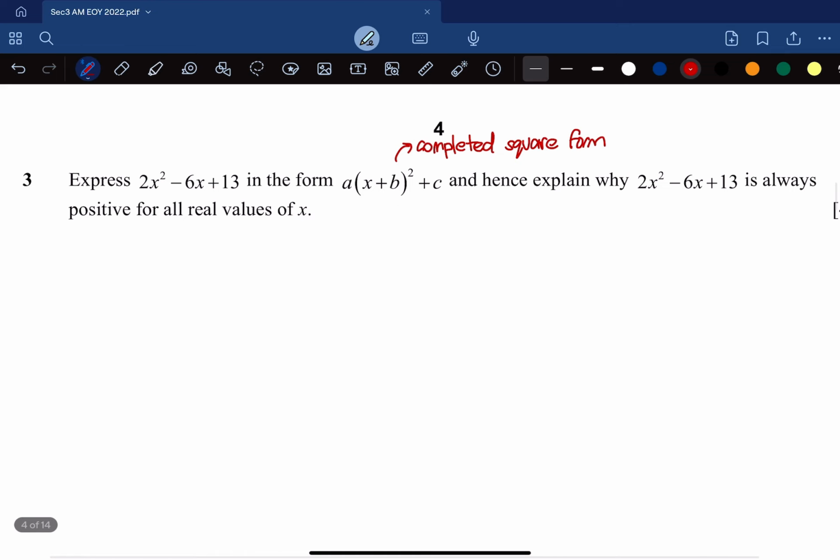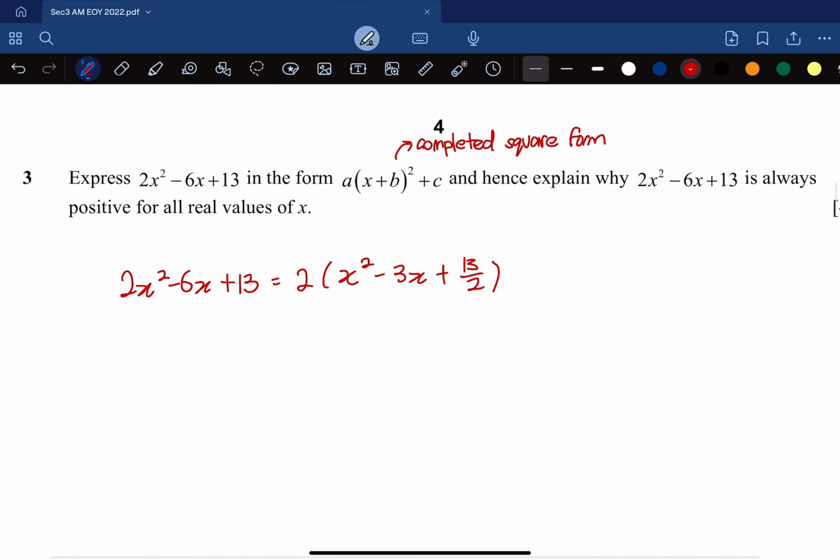Okay, so 2x squared minus 6x plus 13. We know that the coefficient of your x squared must always be 1. So I first start by simply factorizing 2 out from x squared minus 3x plus 13/2.